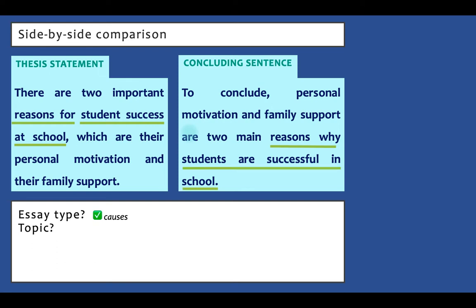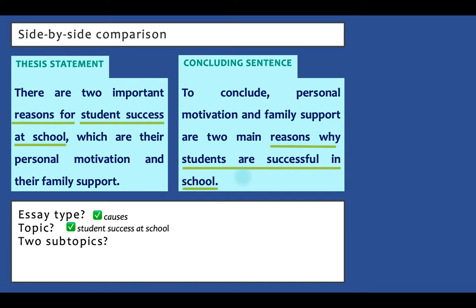The concluding sentence shows students are successful in school. Notice that because we have reasons for here, we need to use a noun phrase after that. But here, we use reasons why, and so we use a sentence structure. So there's just a little difference in the grammar there. So yes, we have our topic.